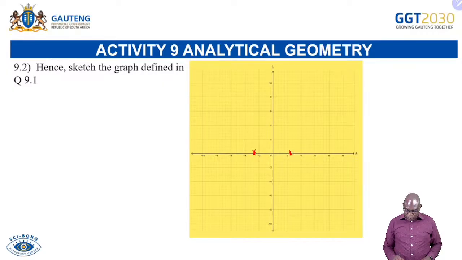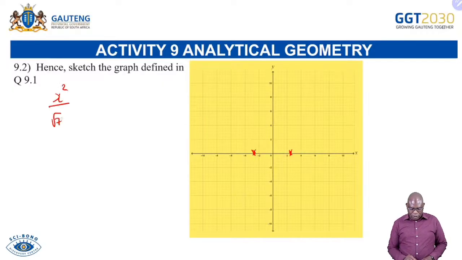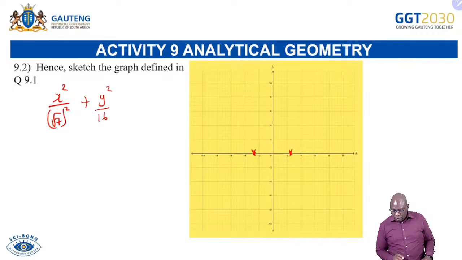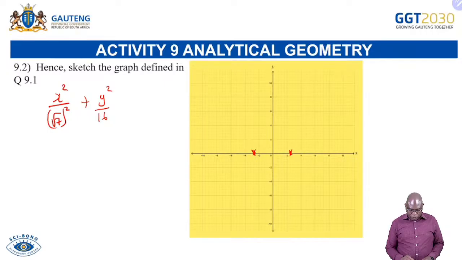So I just put my little cross here and my little cross here because of the x squared over square root of 7 all squared. If it's all squared, it means that it can be either negative or positive. Plus y squared all over 49, and that 49 we said is 7 squared.